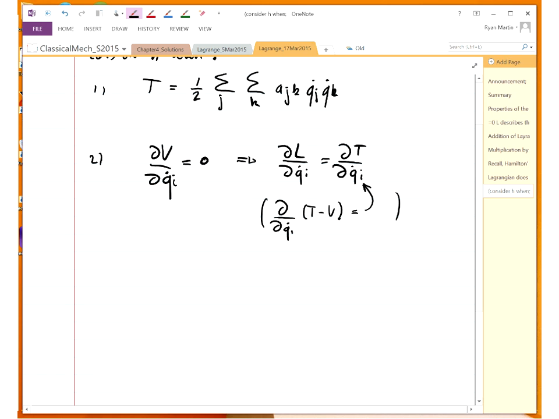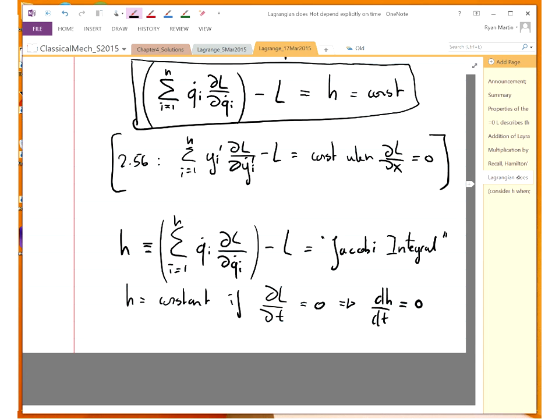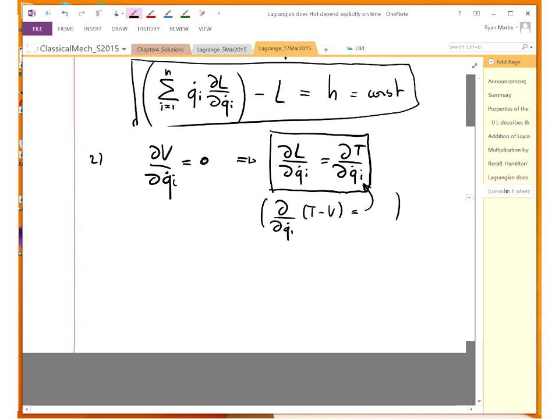Because ∂/∂q_i dot of V is 0. We've assumed that. And why do I care? Well, I care because the term here in the Jacobi integral has ∂L/∂q_i dot. So I'm interested in expressing that term.